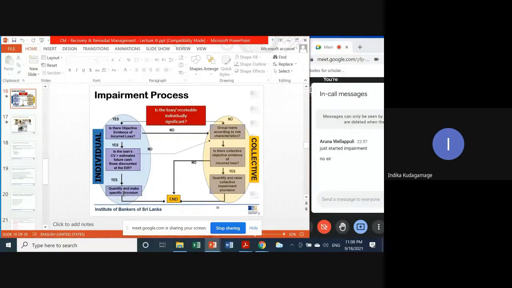Individual impairment is based on each customer's risk profile. Collective impairment is based on the product risk profile, obligor risk profile, and facility risk profile, collective. So that is called the impairment process or impairment provisioning.